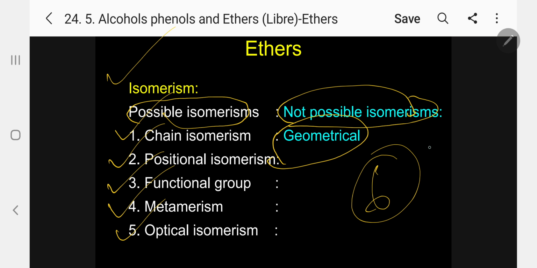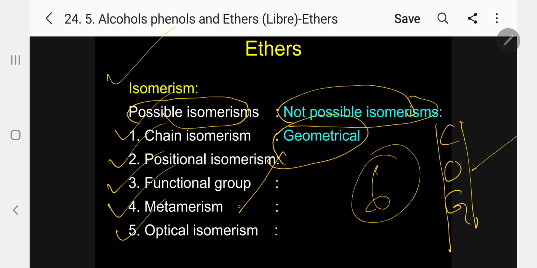Kindly remember, out of 6, 3 you can memorize very easily. Chain is always possible, optical is always possible, geometrical is only for alkene and alkene derivatives. So 3 are easy. The remaining 3 are positional, functional group and metamerism. Metamerism you can memorize easily: the functional group comes at the center.